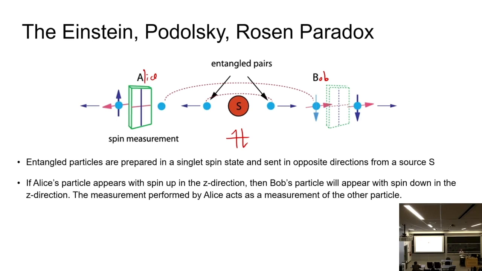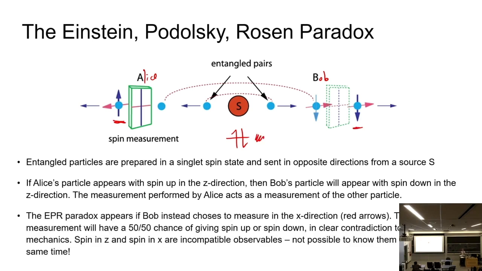Okay, so the EPR paradox that is described by Einstein, Podolsky, and Rosen appears if Bob instead chooses to measure his spin of his particle in the x direction. So that's what's shown by the red arrows.